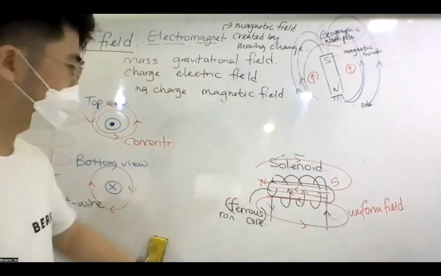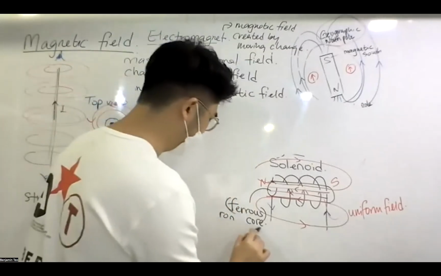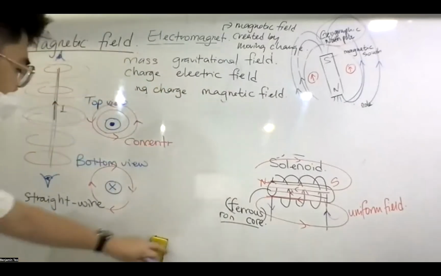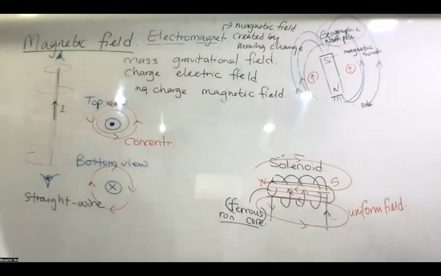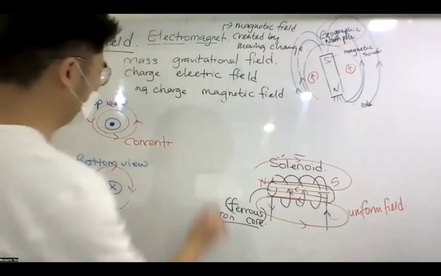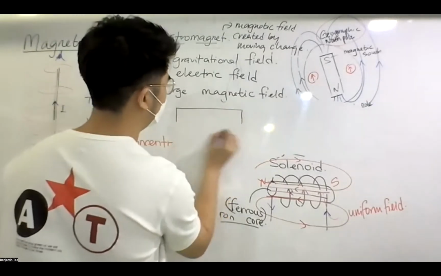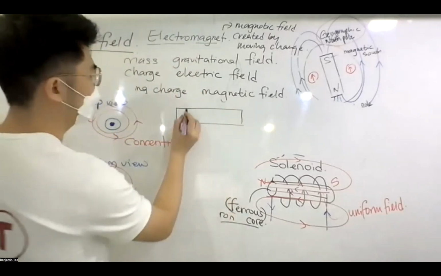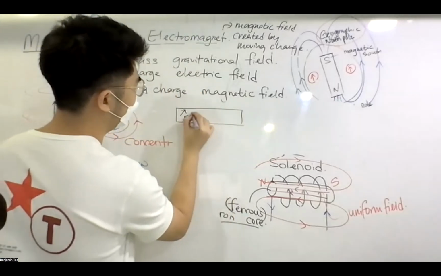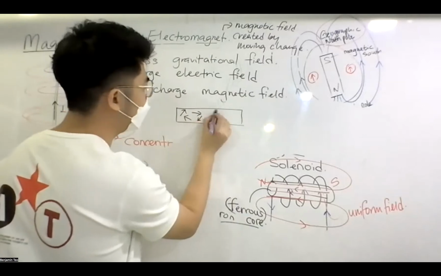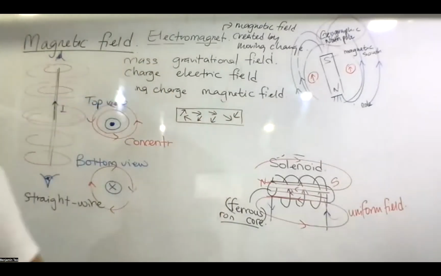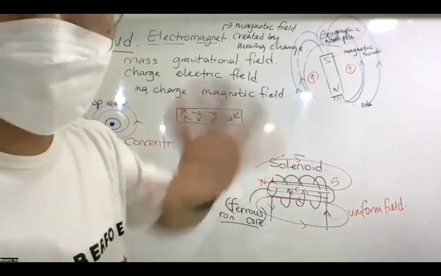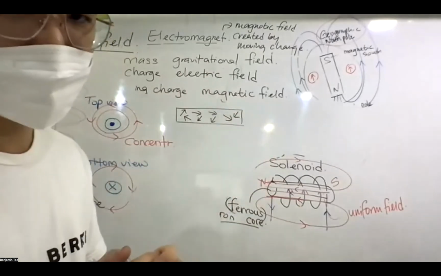Now, first thing is the iron core. Remember earlier I said what makes a magnet a magnet? This is a material. If the electron orbits do not align, okay, these are the electrons, they are all disoriented, they do not align.